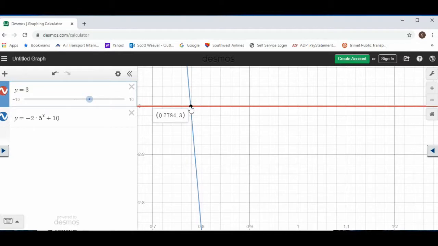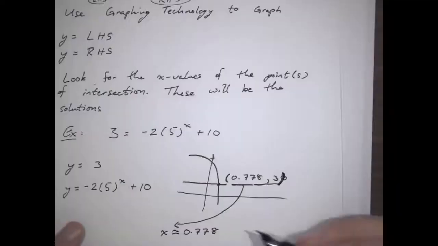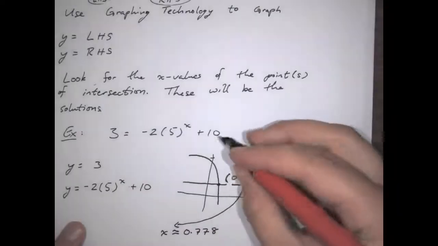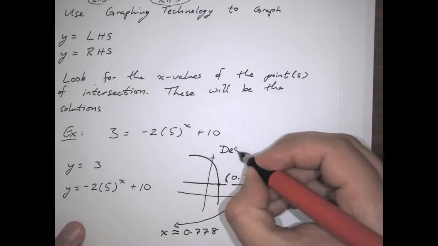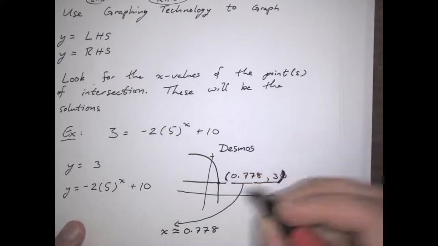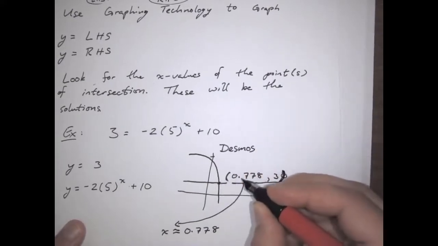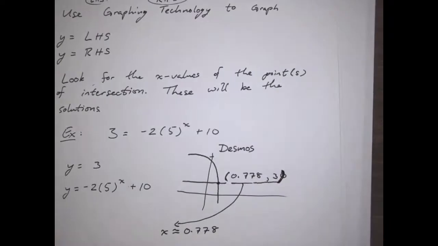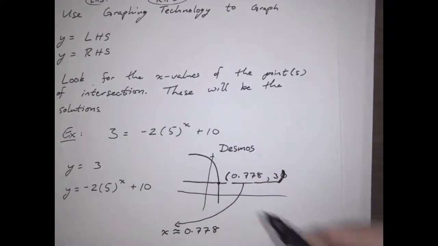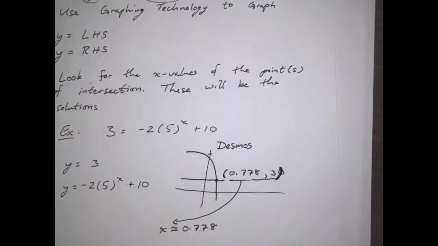So there is 0.7784. And what I just drew right here is what I saw on Desmos, which gave me the point right there, and what I'm interested in from that point is the x-coordinate, which will give me the solution. And I can see from the graph there aren't going to be any others, so this is the only solution to this equation.